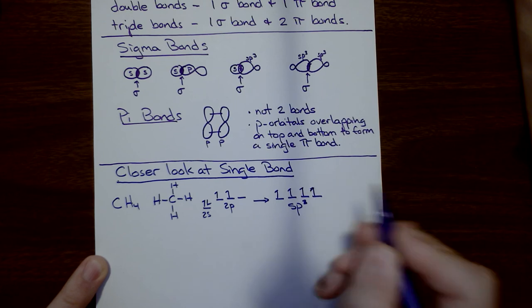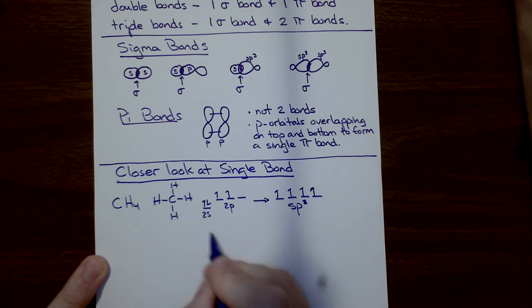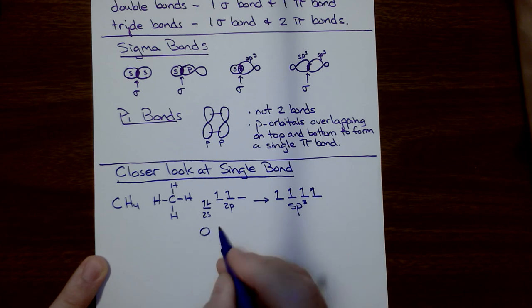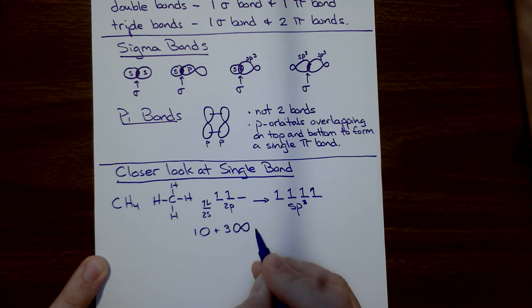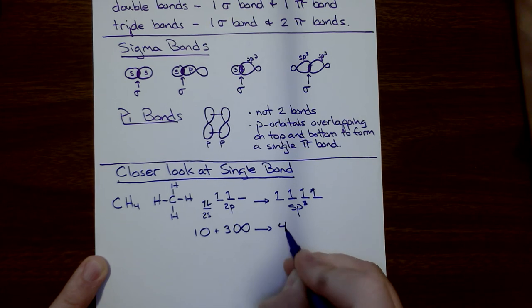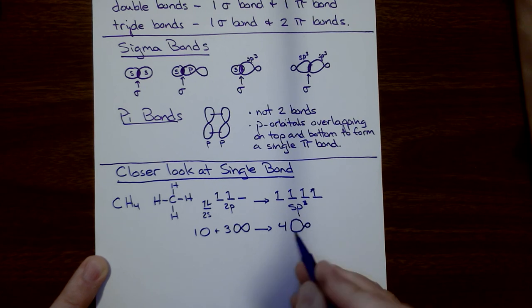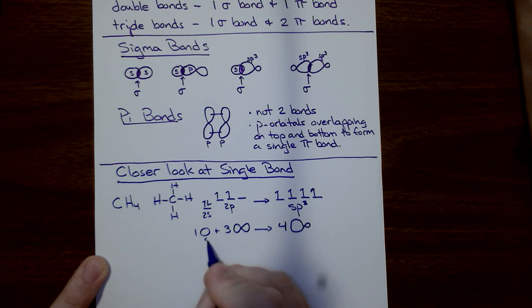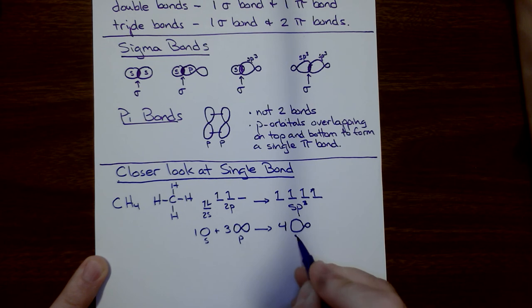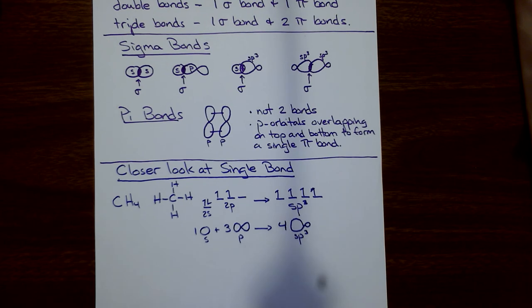And remember that hybridized orbital, so we have, in this case, one s plus 3 p orbitals going to 4 of these hybridized sp3 orbitals. So how does that look? I'm going to do the best I can to draw this.